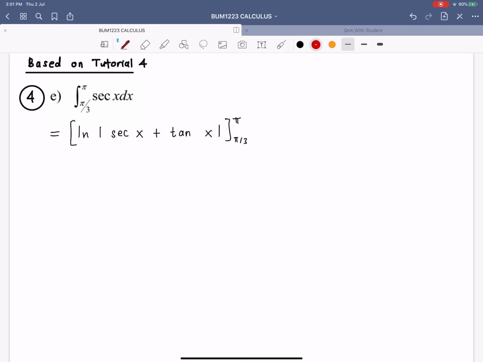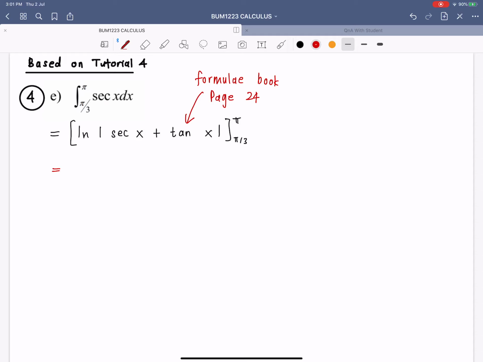This formula you can obtain from your formula book, page 24.